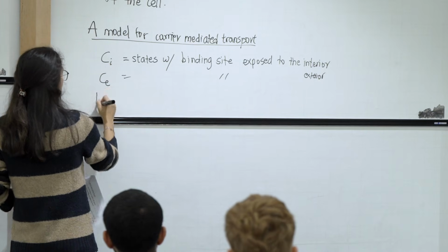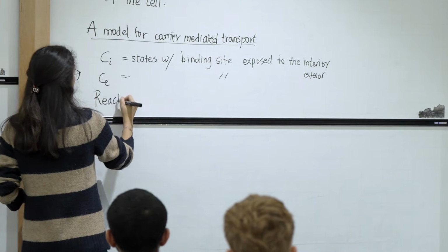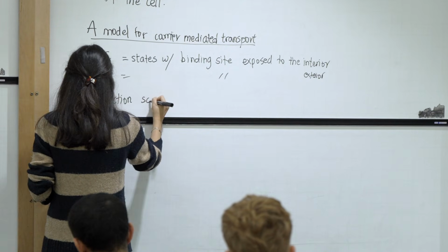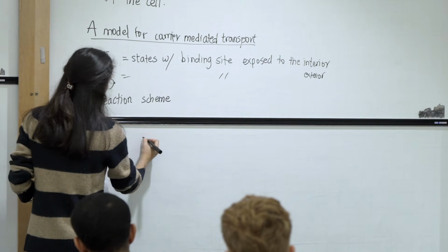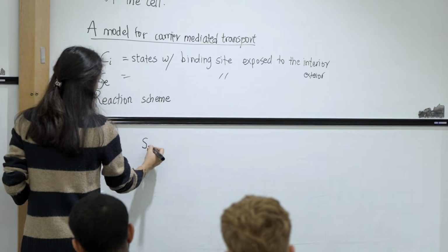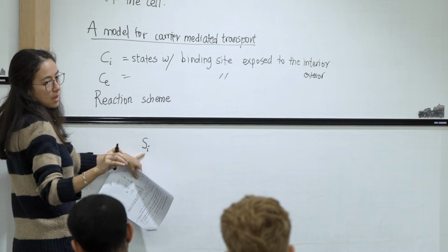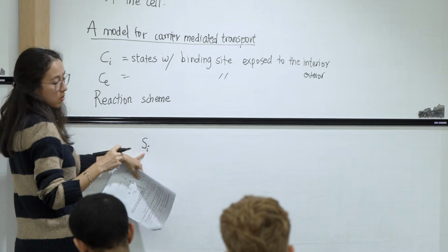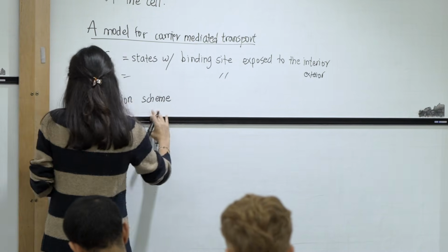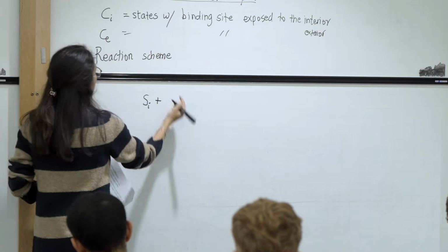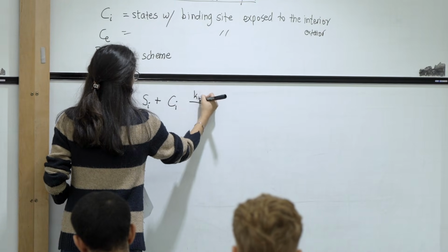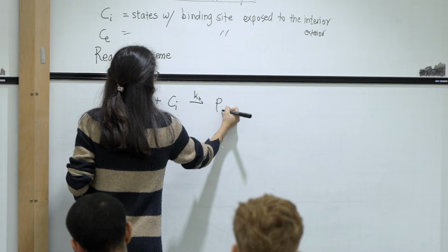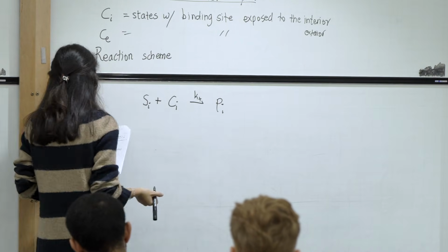Okay, and the reaction scheme in this case is going to be the following. I'm going to have the substrate. It's again I because it's a substrate found on the interior of this cell wall. It's going to act on this CI with a rate of K plus, and is going to produce some PI.